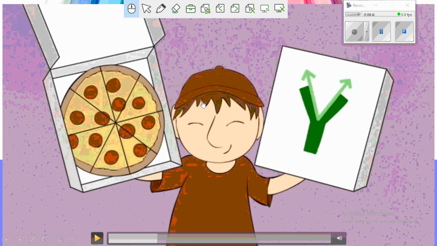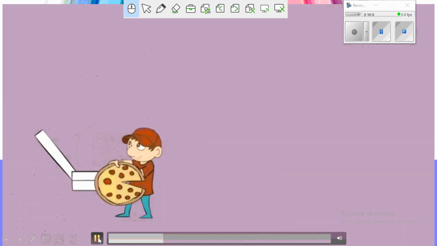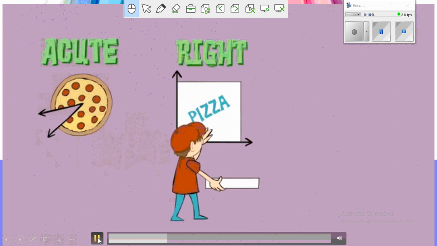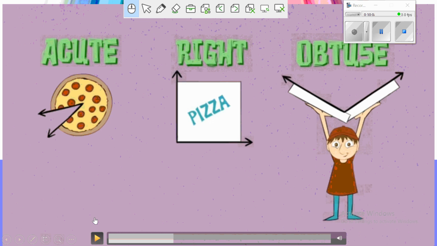Yes. The acute angle, you can see it in the slice of pizza. The acute angle, you can see it in the top of the wine. So the acute is less than the right. Yes, so here is acute.